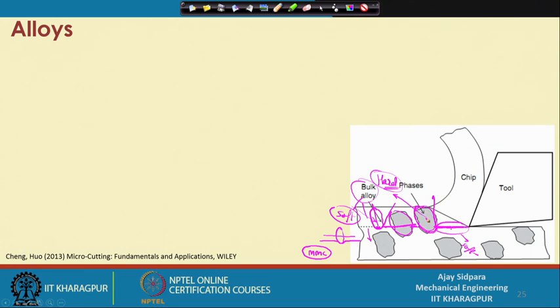The location of this hard material also creates a different mechanism, whether it is inside the bulk material or how much is on the chip side, that is called the uncut chip thickness part. So, all those things play an important role in cutting of this alloy material.